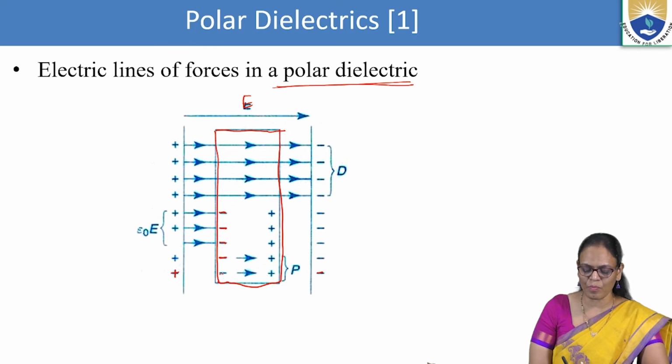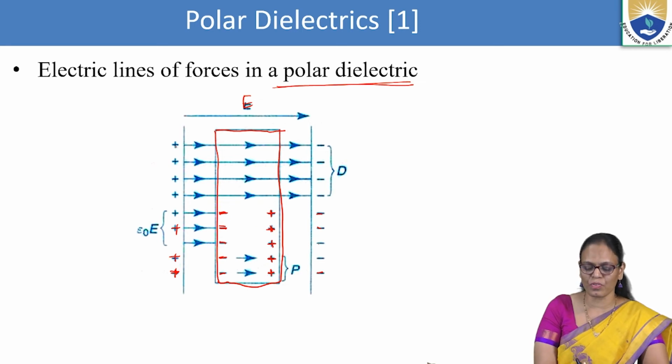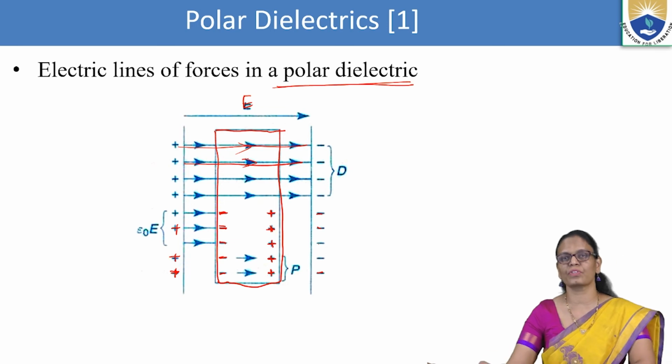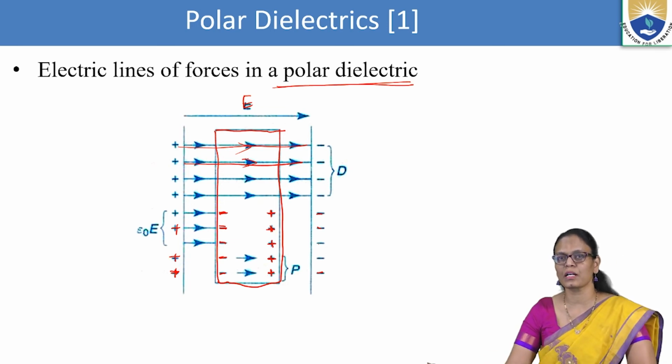The negative and positive charges will get displaced in the opposite direction. Means towards the positive plate we are having the negative charges, and towards the negative plate we are having the positive charges. Now the electric lines of force are like this. This is the direction of the lines of force in a polar dielectric.